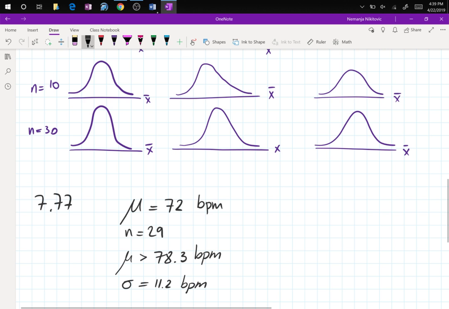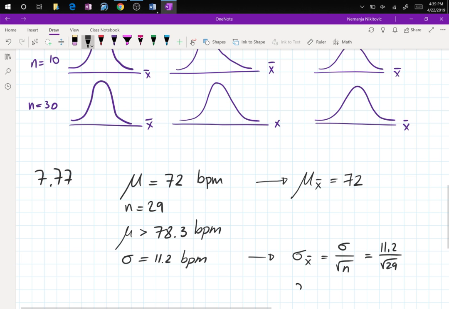So we know that from here I can compute that mu x bar is equal to 72, right? And from here I'm calculating that sigma x bar is equal to sigma divided by square root of n, and sigma was given as 11.2 divided by square root of 29.